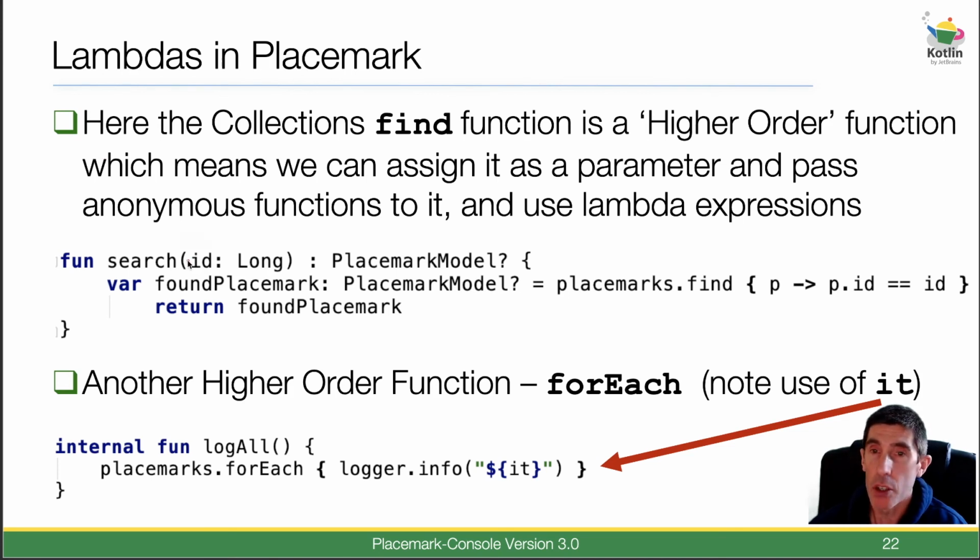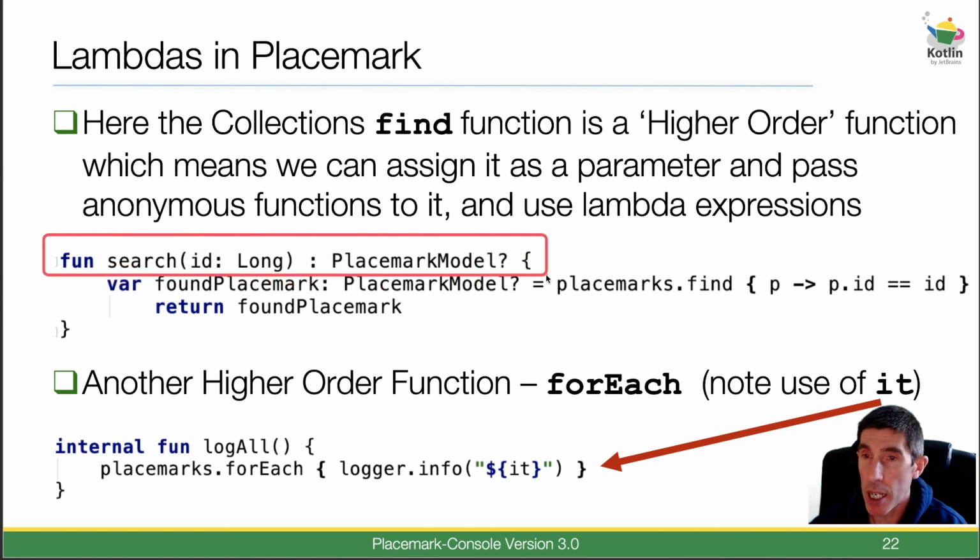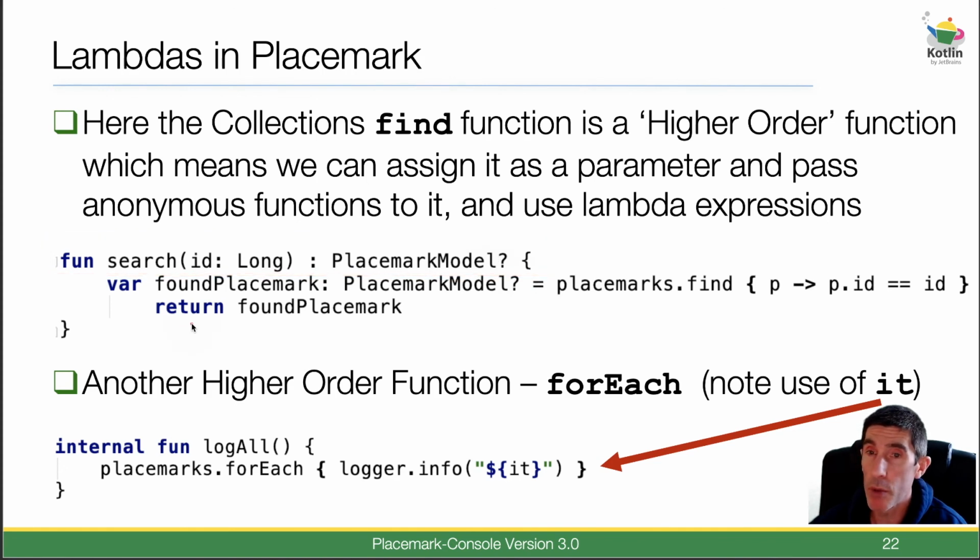So just to look at it here, here we have a function search, takes an ID, returns a placemark model, and we have it tagged with the question mark in case we don't find it, so null may be returned. We are declaring internally our var found placemark of type placemark model.